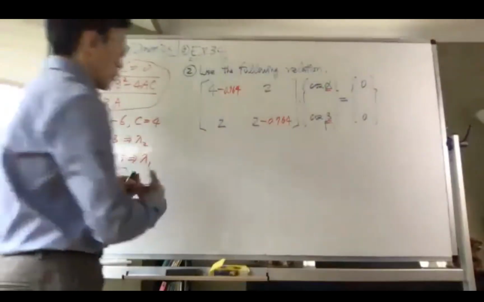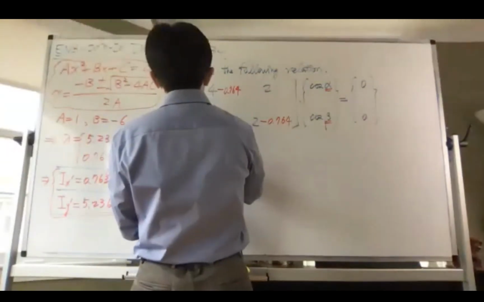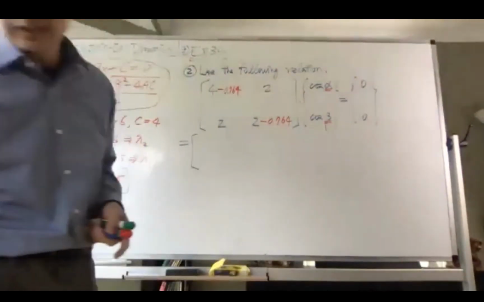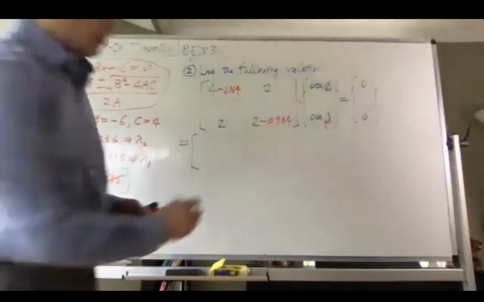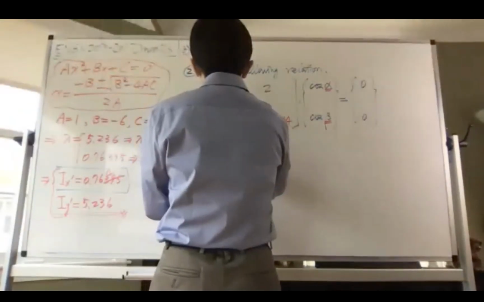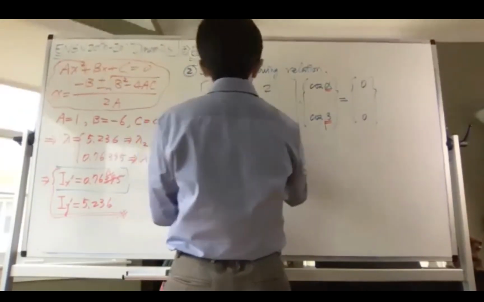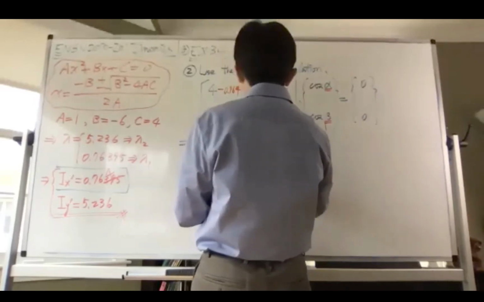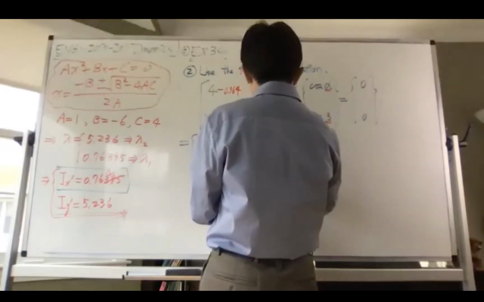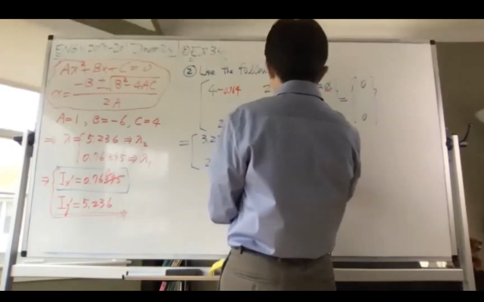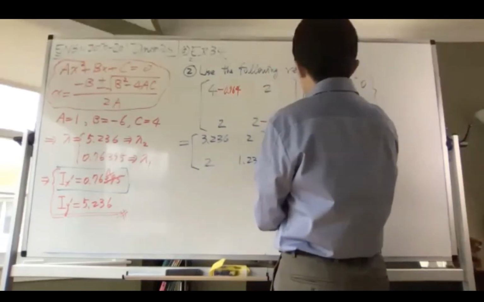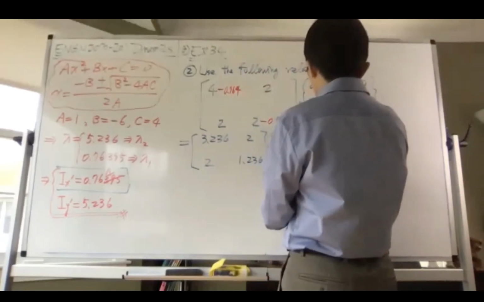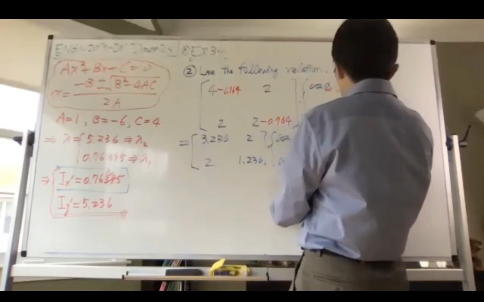Okay. Now, of course, the math is simple. So we just carry out this calculation for the first element, that becomes 3.236, 2, 2, 1.236, times cosine alpha, cosine beta, equal to 0.